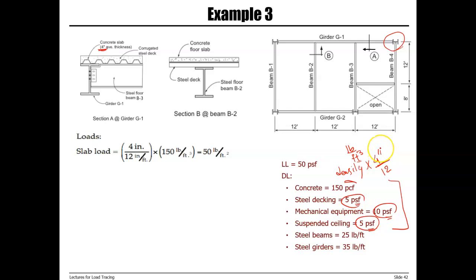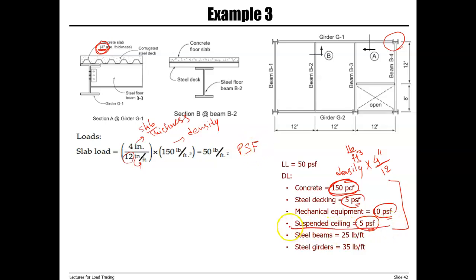That's the conversion of inch to feet. So 4 inches, that's the slab thickness. 12 here is to convert inch to foot. And here we have density of concrete, which is 150 pound per cubic feet, which is given to us. So now we have the slab load in pound per square foot, or PSF.